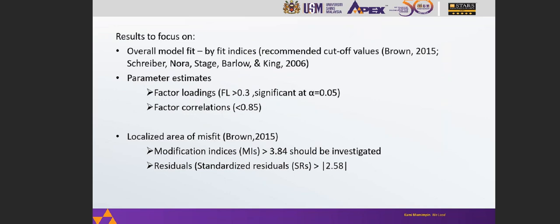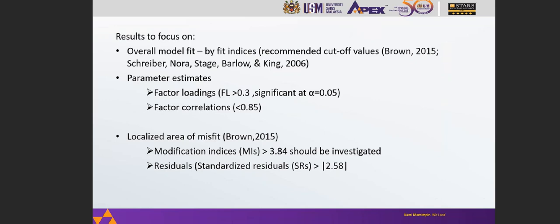Okay, so this is the result for CFA overall model fit. You have to check the fit indices. You can find the recommended cutoff values here from Brown. I give the reference here. We also check the parameter estimates, the factor loading, and factor correlation, and the areas of misfit.